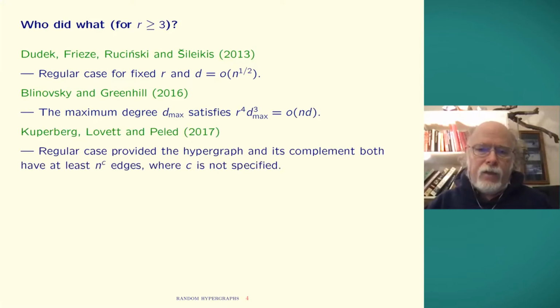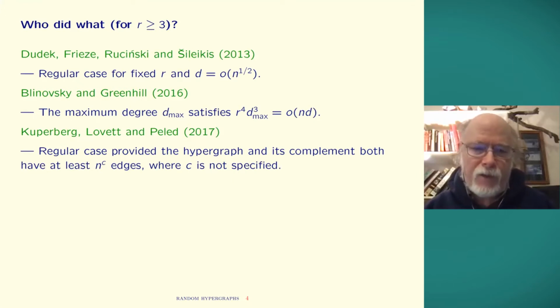The result that's most similar in method to ours is a result of Kuperberg, Lovett, and Peled. They only did the case of regular hypergraphs. Regular, in case you didn't get it already, means that every degree is the same. So the regular case is an important point in enumeration, but it doesn't tell you anything about the degree sequences of random ones.